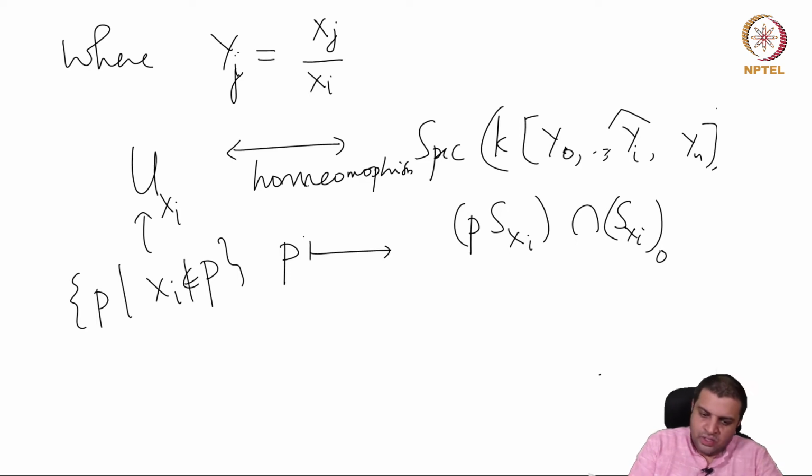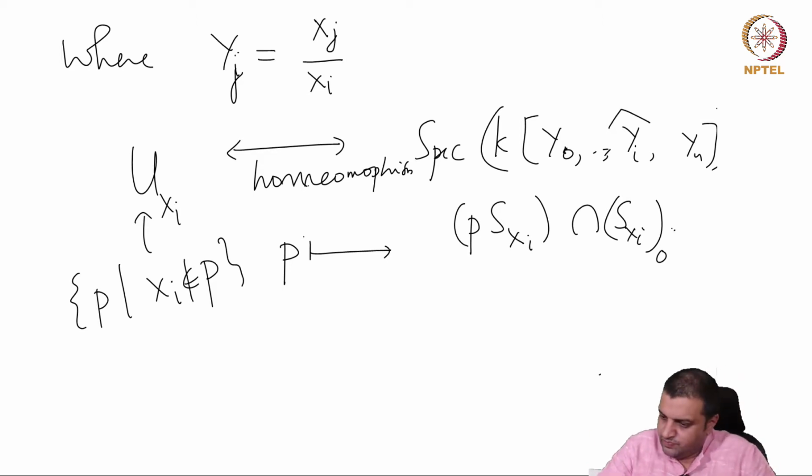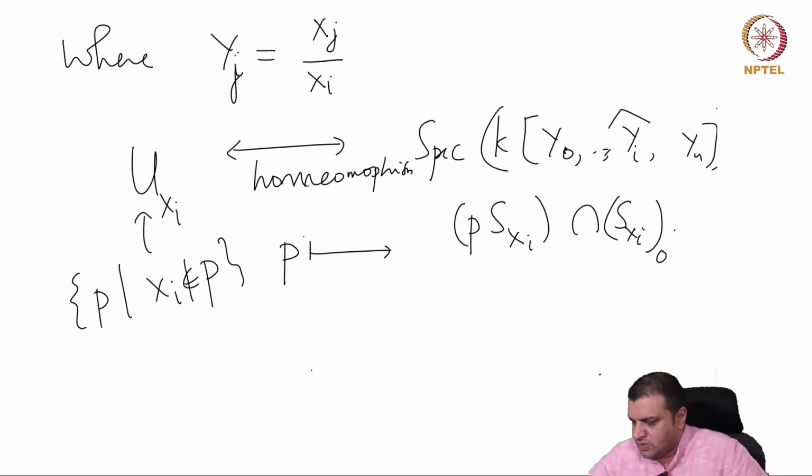So a prime ideal corresponds to inverting xi and then just looking at its degree 0 piece. So this is a homeomorphism. We'll use that fact perhaps without any further explanation.